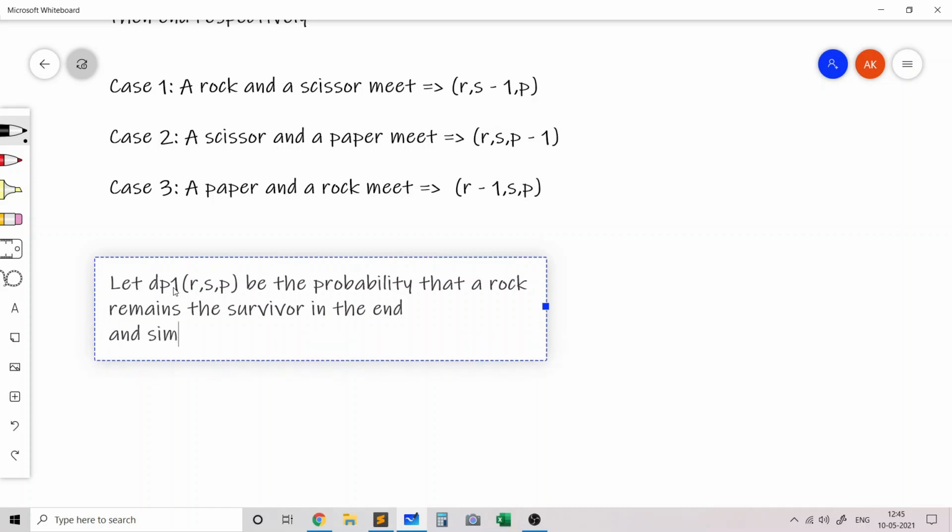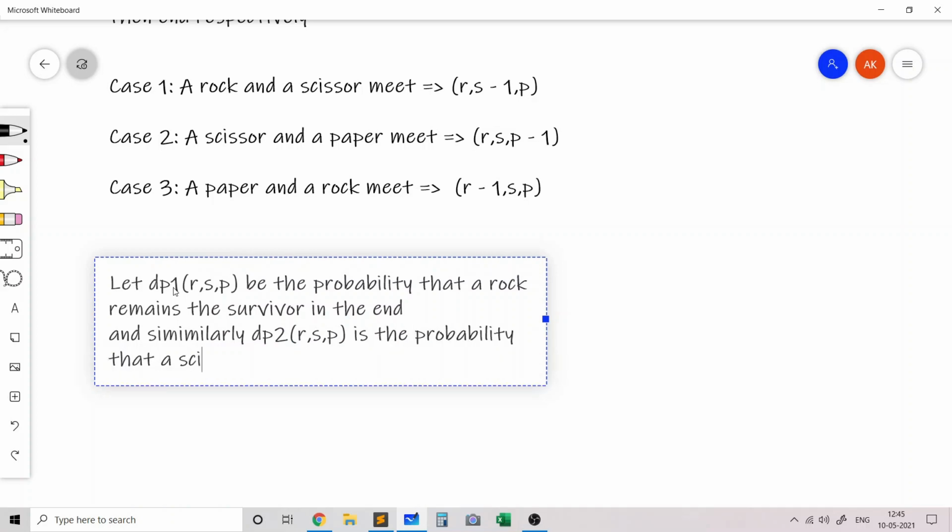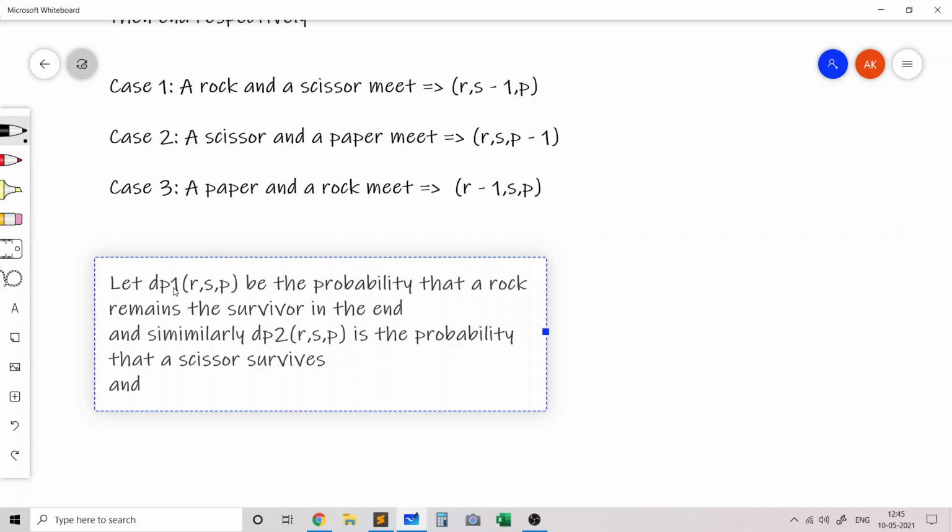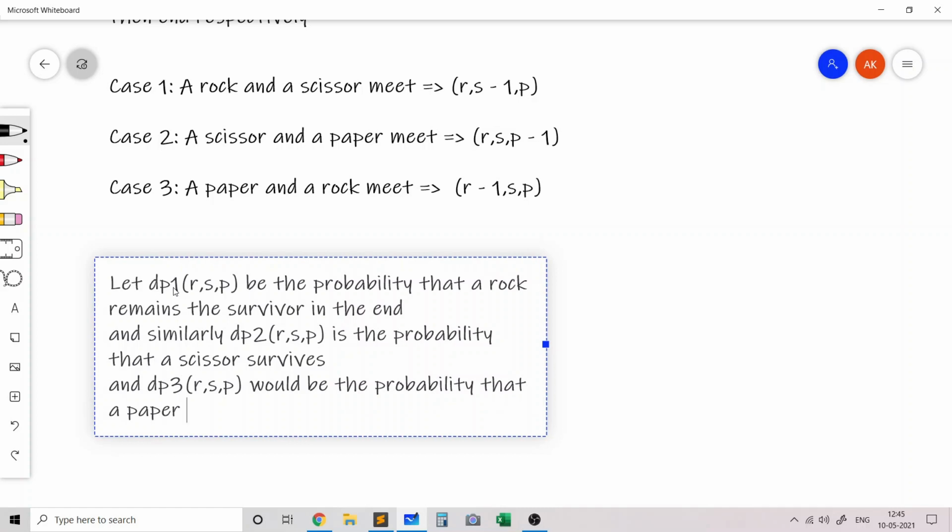Similarly, DP2 of R, S, P is the probability that a scissor survives, and DP3 of R, S, P would be the probability that a paper survives.